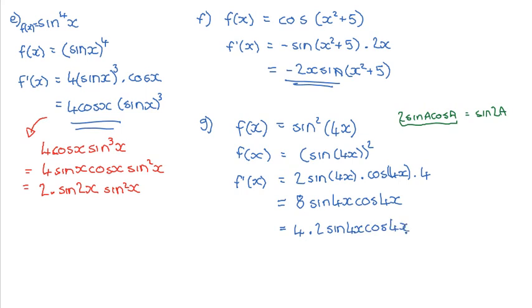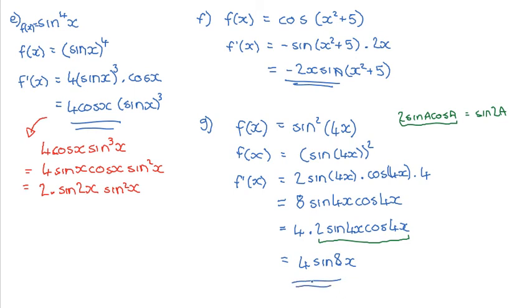So in this case, if my a up here is actually 4x, then it becomes sine 2a, so it becomes sine 8x in this case. So that 2 sine 4x cos 4x, just underline that in green, would just become 4 times sine 8x.